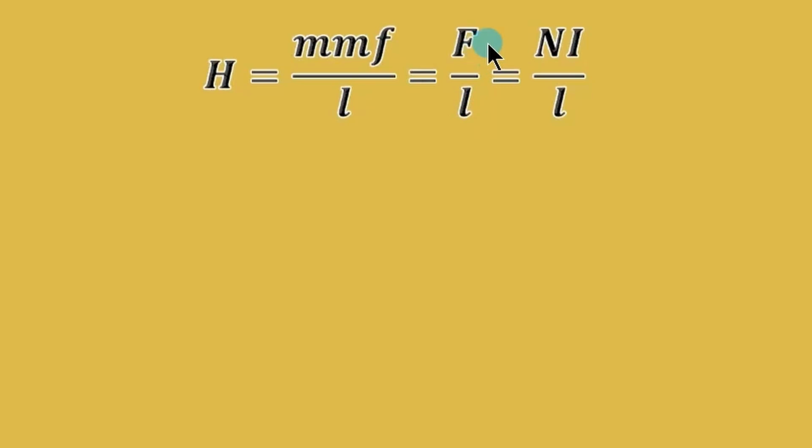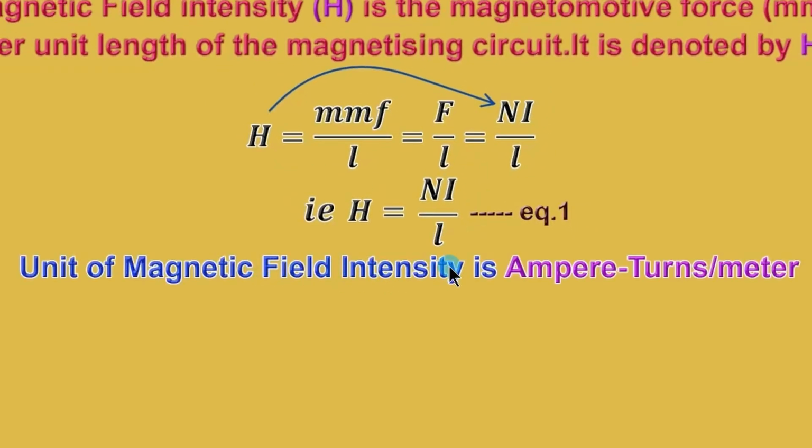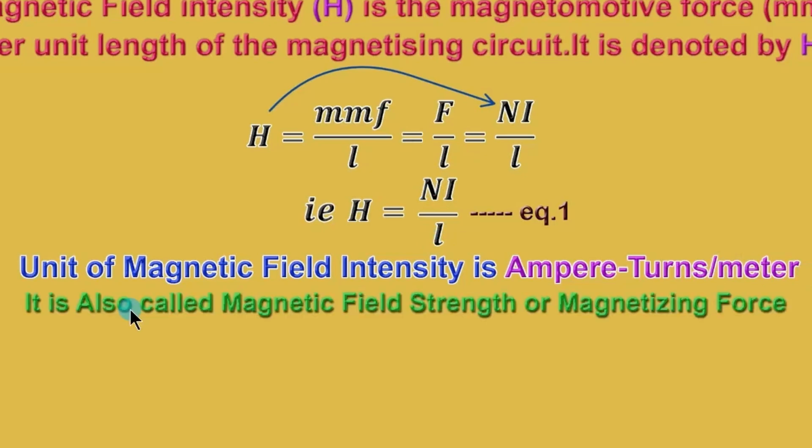We know that magnetomotive force F is equal to N into I, that is number of turns into current passing through that coil. From this equation, H is equal to N into I divided by L. Unit of magnetic field intensity is ampere turns per meter. It is also called magnetic strength or magnetizing force.